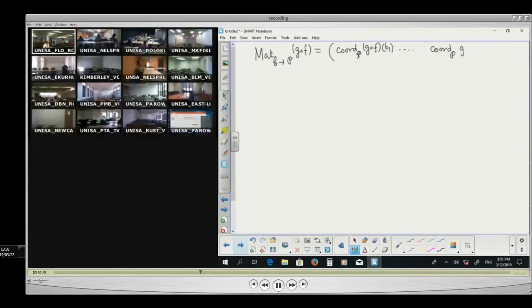Okay? That's it. Let's try with this. So what is the coordinates in P of G composed F of B1? So what is this? This is coordinates in P of G of F of B1.